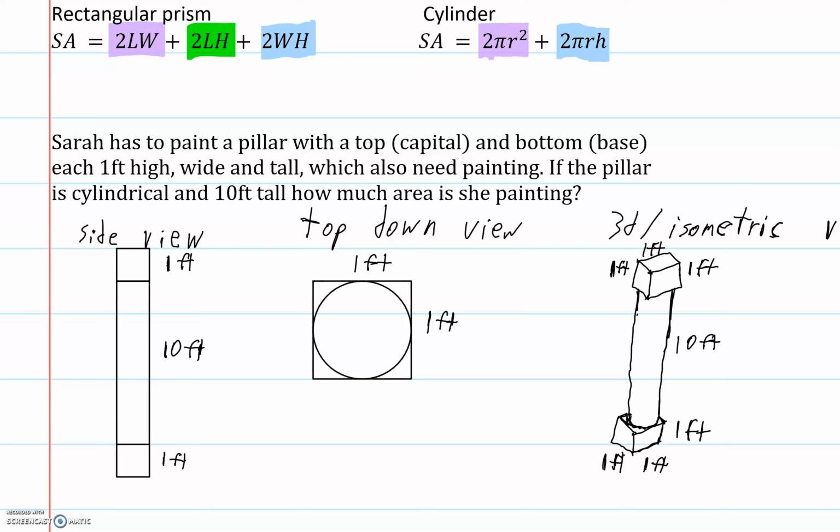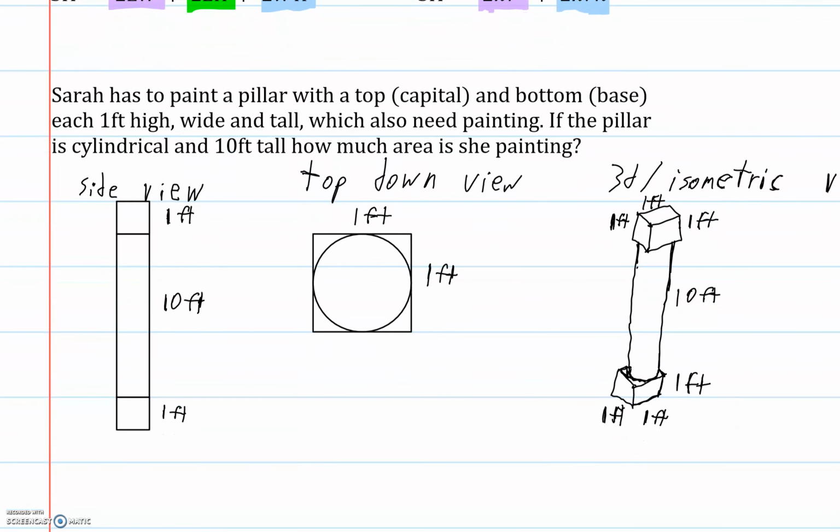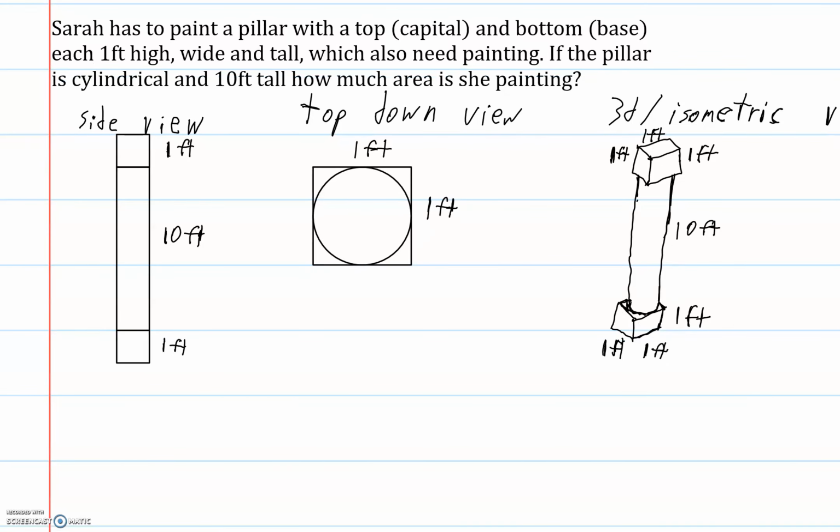This is going to be a very complicated question, but using exactly those same things we've done. So the top and the bottom don't need to be painted, so we need to keep that in mind.